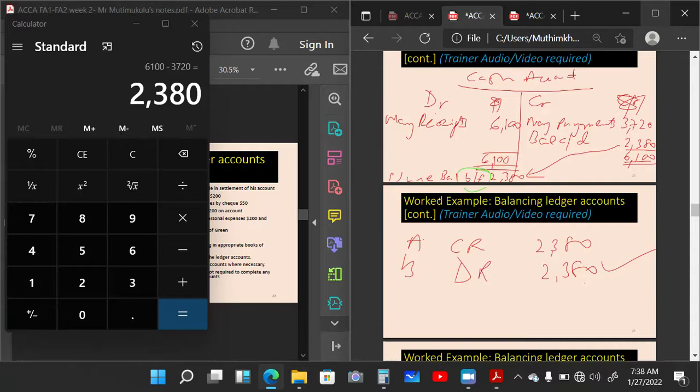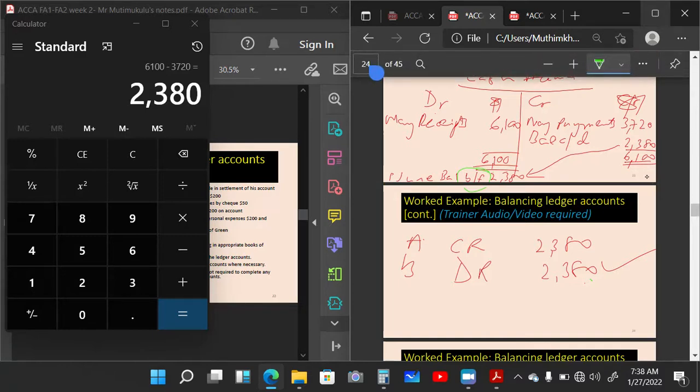In this case, we are having a debit balance of 2,380. But sometimes payments exceed receipts, and we will be having a balance c/d on this side. If this is the side with the shortfall, then the account balance will be on the credit side.